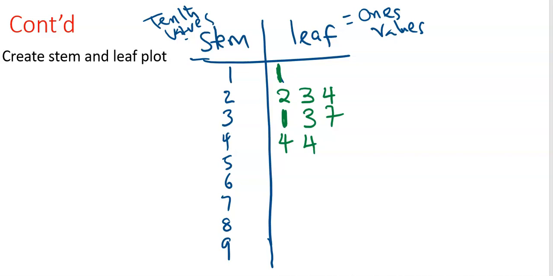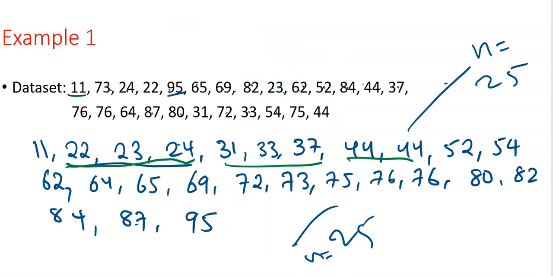In the 50s there are only 2: 52 and 54. You always arrange these in order, starting with the smallest number to the largest, especially on the leaf side. How many numbers do we have in the 60s? There are 62, 64, 65, and 69.